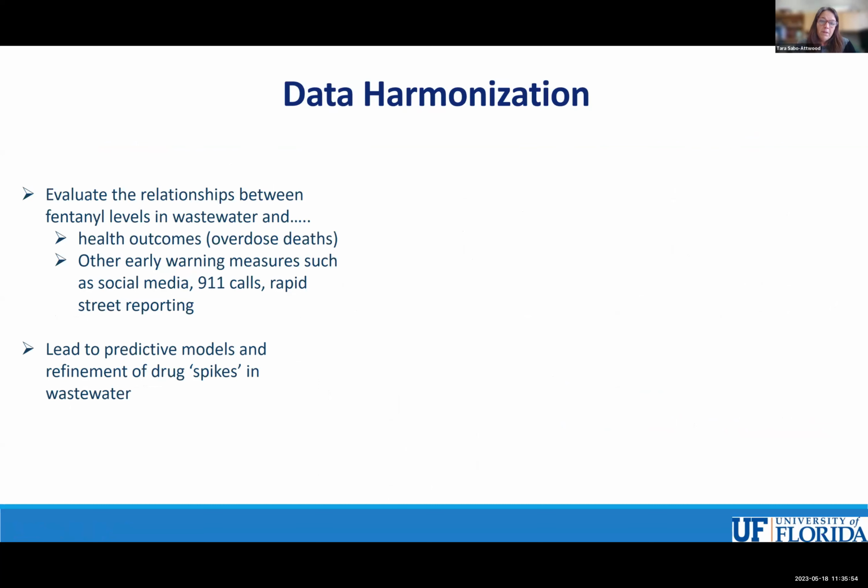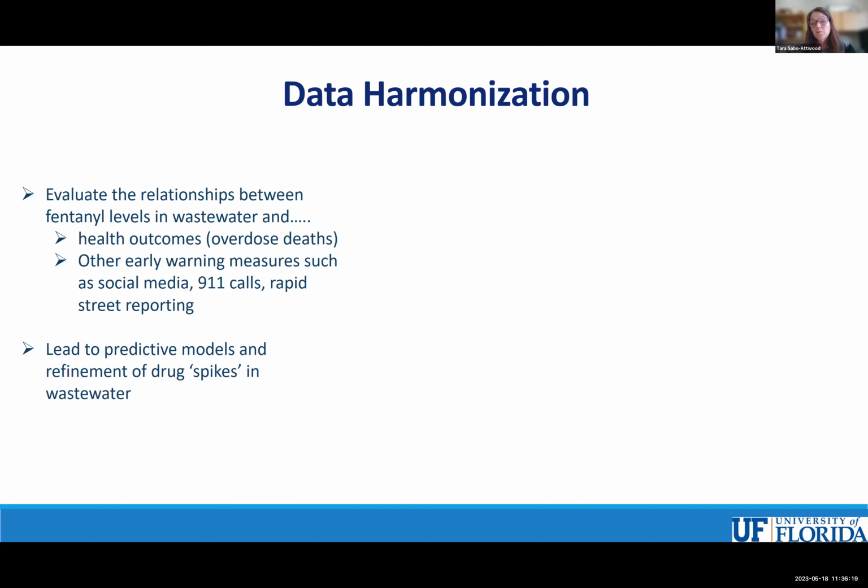And then the second piece to that I want to share with you, because I think this data hasn't been as widely done with respect as it has been for actually measuring things in wastewater. And that is what I'm broadly calling data harmonization here. And here we're trying to evaluate the relationship between, in this case, fentanyl levels in wastewater and some sort of health outcomes.